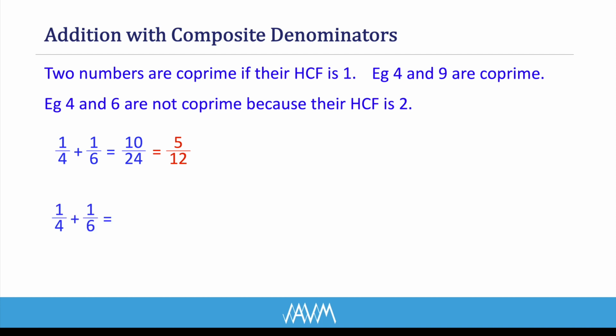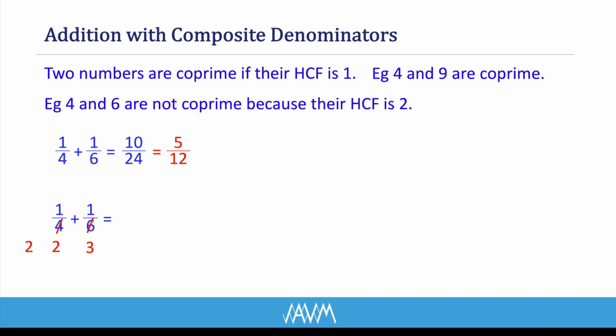But here's another method to simplify the fraction so that we can get the answer in one go. We take the highest common factor of the denominators, namely 2, and write that down, and divide the denominators by that factor. 4 divided by 2 is 2, 6 divided by 2 is 3.